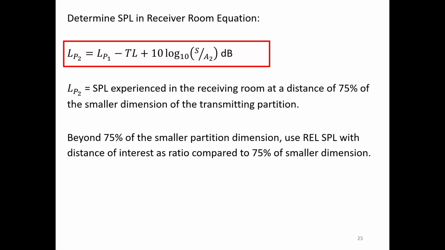So there are multiple ways of finding the sound pressure level at a distance further away. I'm just giving you this one, trying to simplify it, and it is a good method.